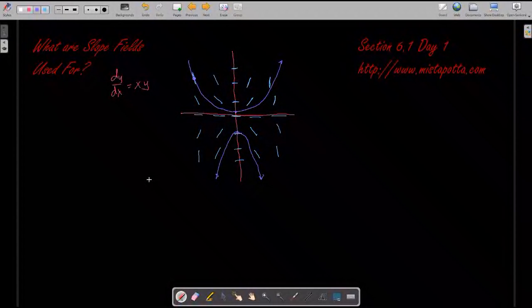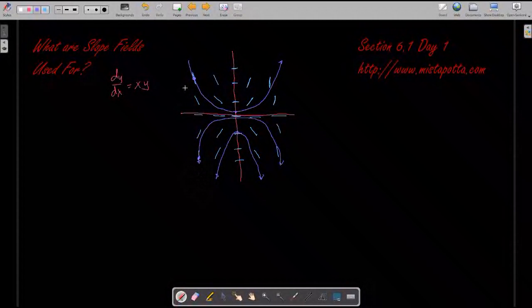As long as I'm given a point, I can find a graphical solution that fits the contours of my slope field.